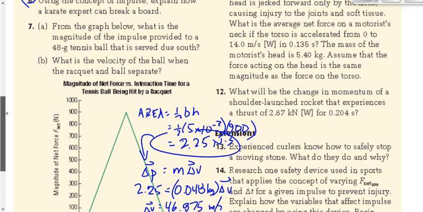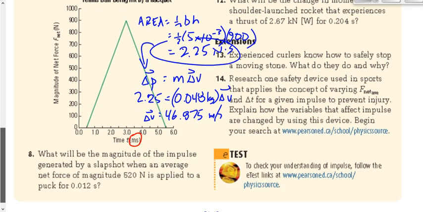Yeah, it was served, so we can assume that it starts at rest. That means if it starts at rest, my final velocity that I'm looking for would be exactly the same as my change in velocity, right? If I go from 0 to 46, my change is 46, but my final is also 46. Ryan, did you have a question there? No? We'd round this probably to 46.9 meters per second. It's pretty fast, right?